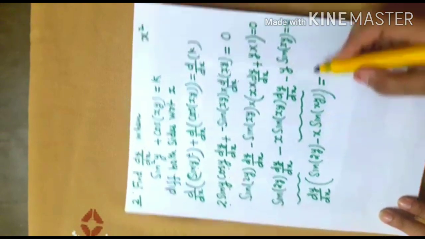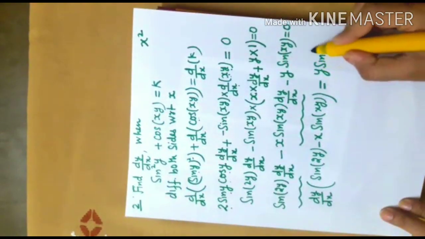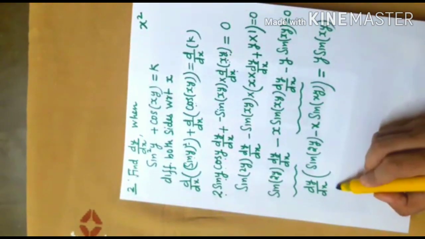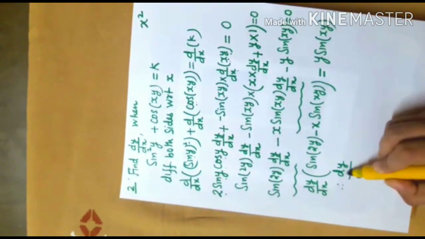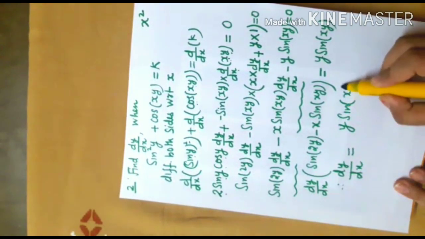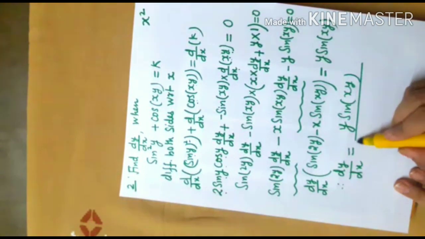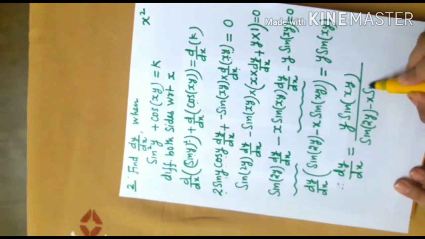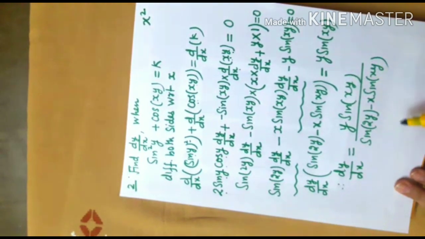And I transpose this term to the other side, equals y sine xy. So from here, dy by dx is equal to y sine xy over sine 2y minus x sine xy.